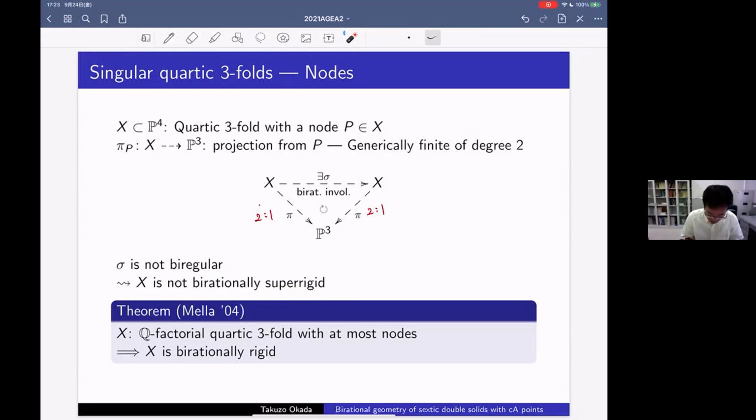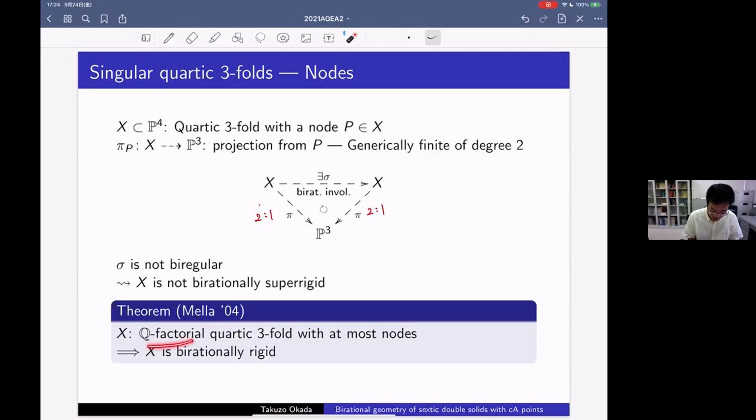Mella proved that such X is birationally rigid. It's not super rigid, but it's rigid. The assumption is as follows: X is a quartic threefold with at most nodes, with no restriction on the number of nodes.